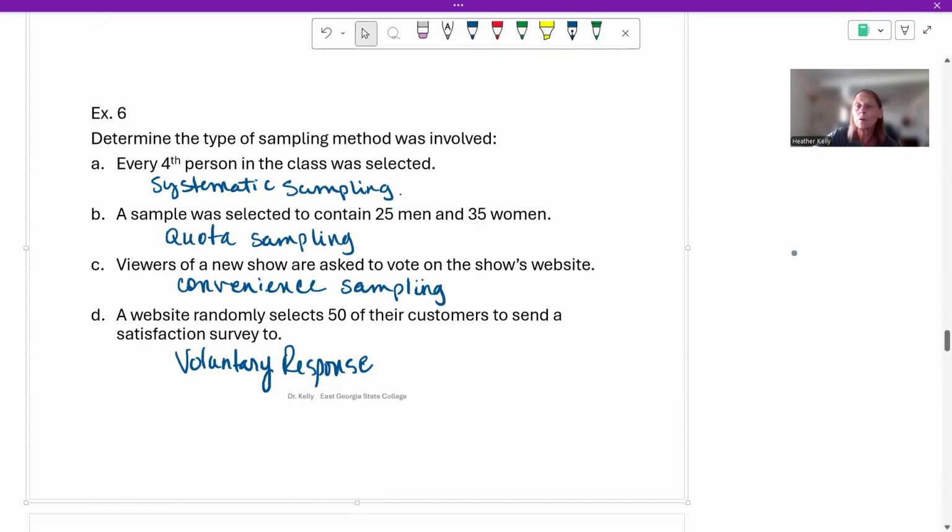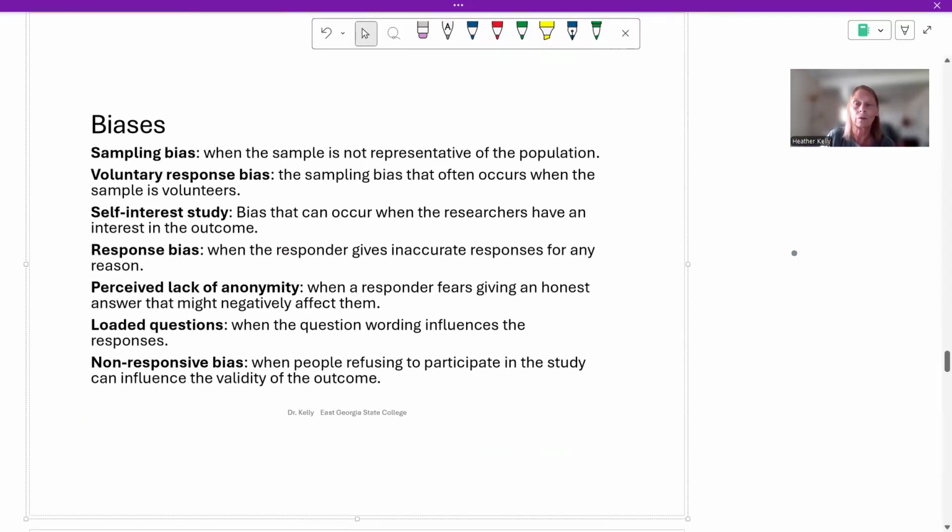Now, what goes along with statistics, hand in hand, maybe even more important than the statistics themselves, are biases that are found. When you're surveying people for opinions, when you're collecting data, there are biases that are built into every single one of us.